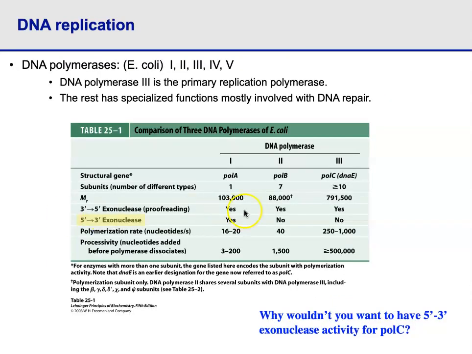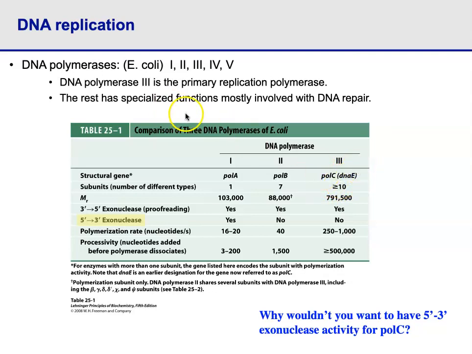Now there are several different DNA polymerases, 1, 2, 3, 4, 5 shown here. The one DNA polymerase that is primarily involved in the genetic information replication is the Pol3 or Pol-C polymerase.